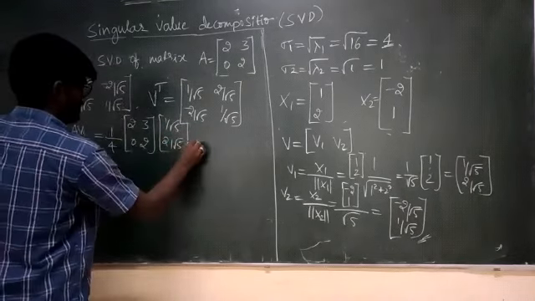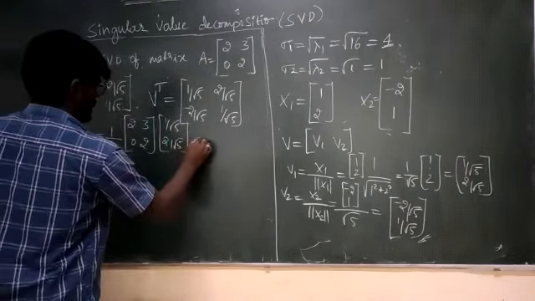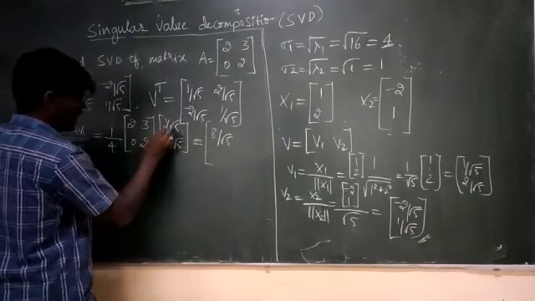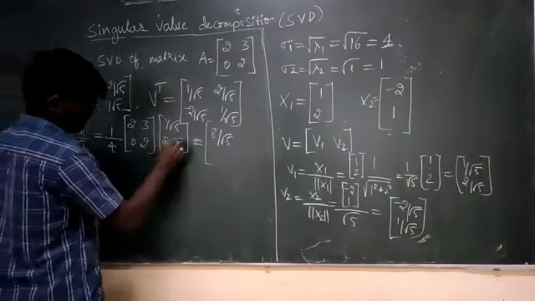After multiplying these two matrices, we get 2 into 1, 2 plus 3 into 2, which is 6. Therefore, 2 plus 6 is 8 by root 5. Then 0 into anything is 0, and 2 into 2 is 4 by root 5.